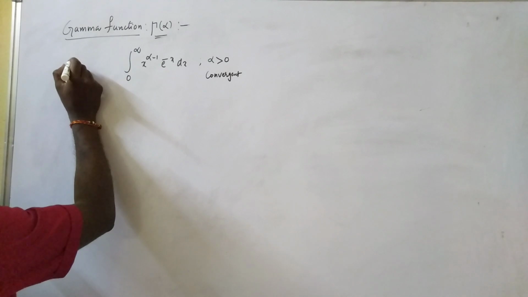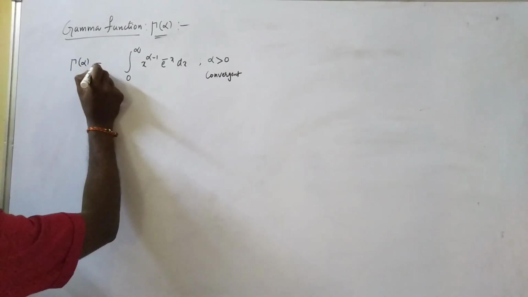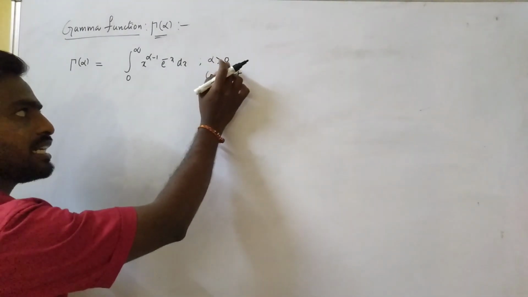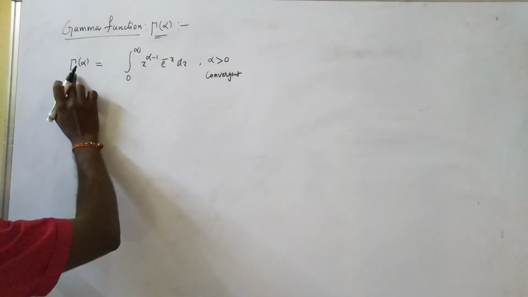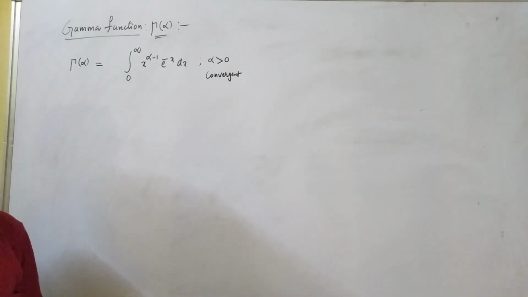We define the gamma function, denoted gamma of alpha, like this: integral 0 to infinity x to the power of alpha minus 1 e power minus x dx. Here alpha is greater than 0. So gamma of alpha is defined as equal to the given integral.